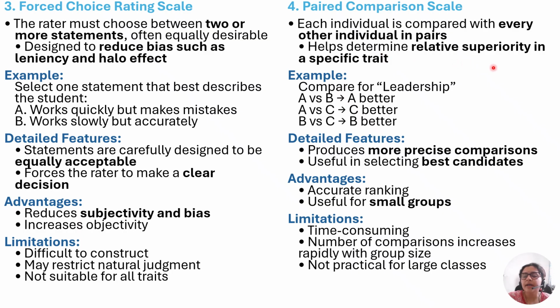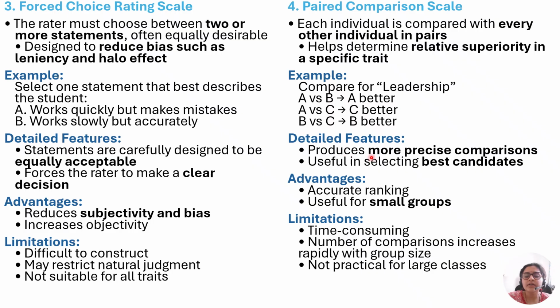It helps determine relative superiority in a specific trait. For example, you're comparing leadership qualities. A and B are taken. Which among both of them is better? A is better. A and C are taken. Which among A and C is better? C is better. B and C are taken. Which is better? B. So a pair is taken and the best among it is chosen.